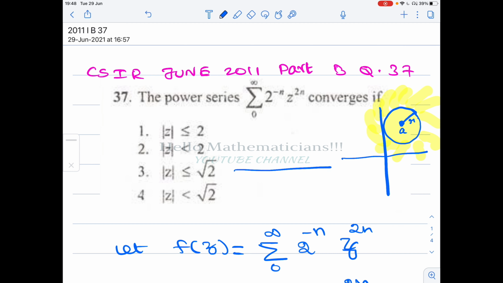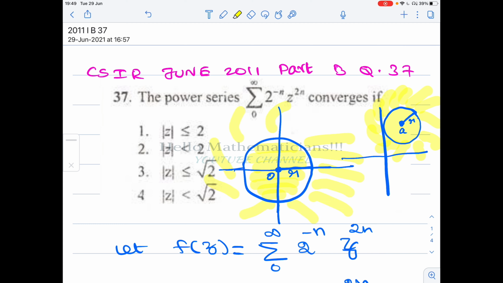This power series is expanded around the point 0, so its radius of convergence will be some number, which for the time being I put as R. Inside this circle, the given power series converges. Outside this circle, it diverges.